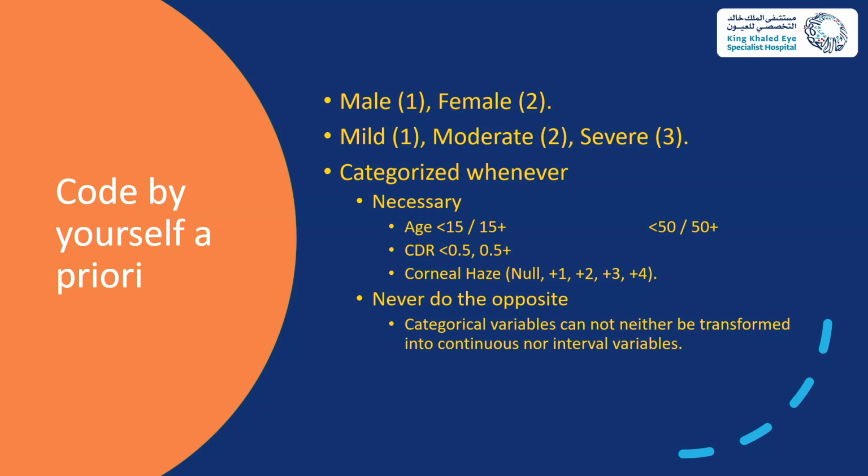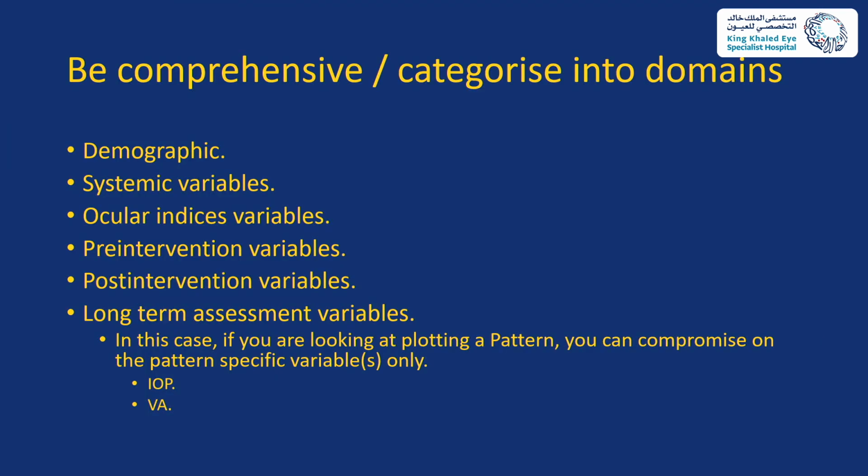And why is this very important? Because if I'm going to do a logistic regression, for example, using success versus failure, and I want to assess risk factors for failure, then I will put failure as 1 and success as 0. This is a very important point that people don't realize actually.